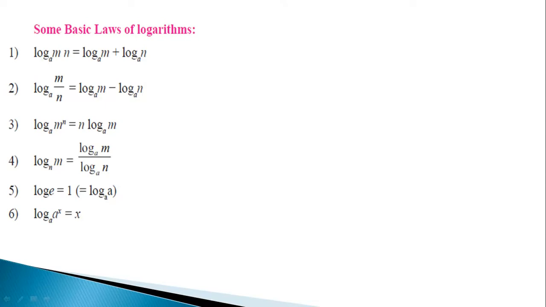Then log e to the base e is always 1, or in general you can say that log a to the base a is always 1. And the last one, log a raised to x to the base a, is always x. So all these 6 laws are very useful to simplify the given function, and then we will find its derivative with respect to x.